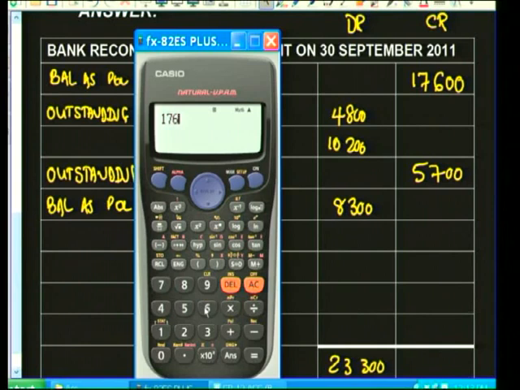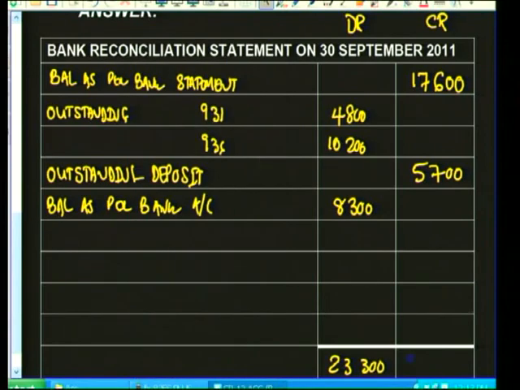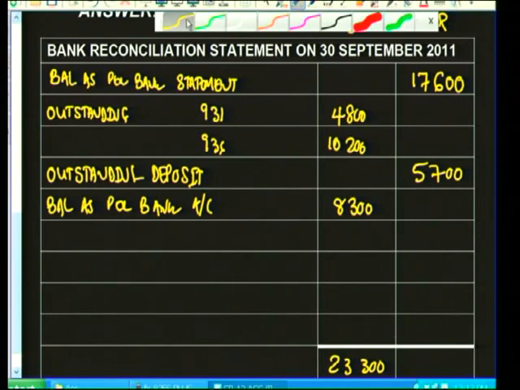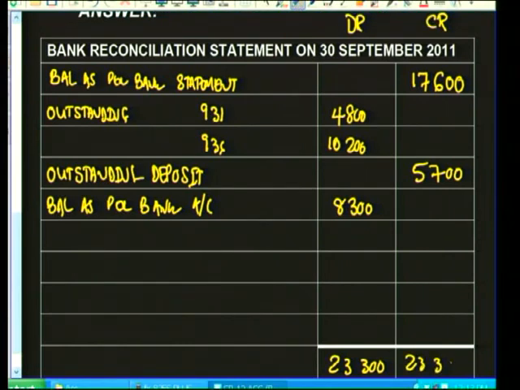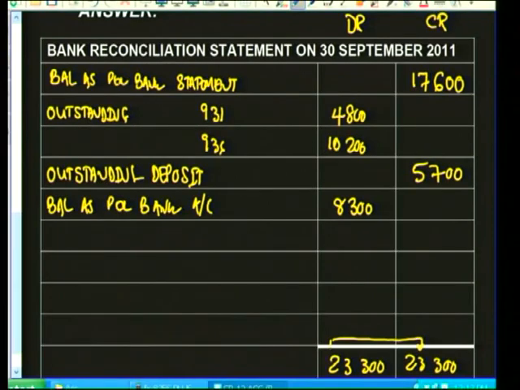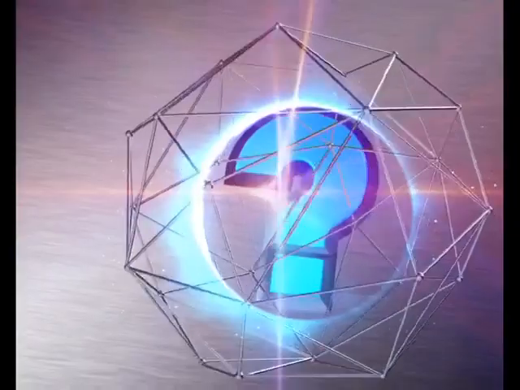We have 17,600 plus 5,700 to give me 23,300. Voila! What has happened? I have managed to reconcile my bank reconciliation statement by proving that the two amounts are the same. Great stuff, isn't it? Brilliant feeling when your bank recon works out. So, you want to know more? Stay tuned. We'll be back with you in a while.